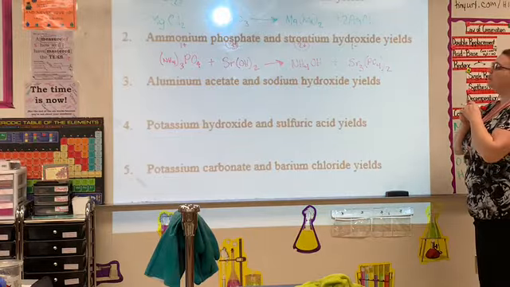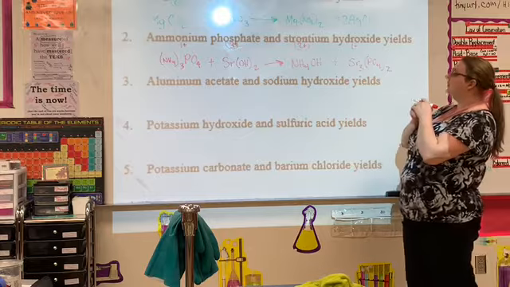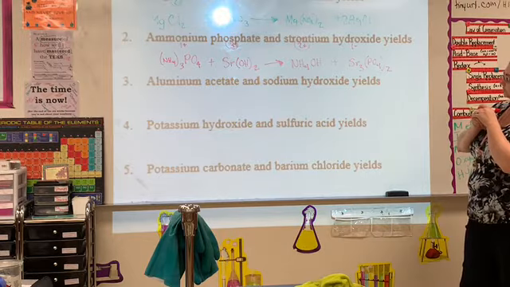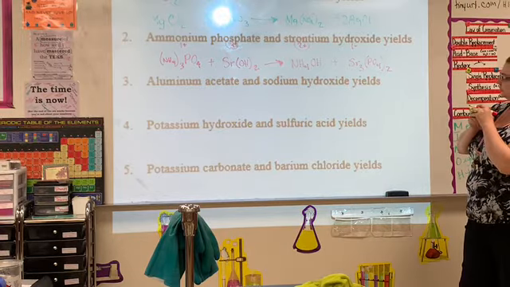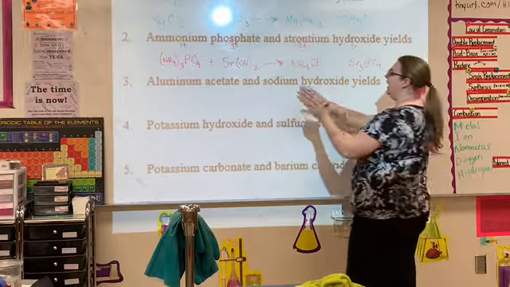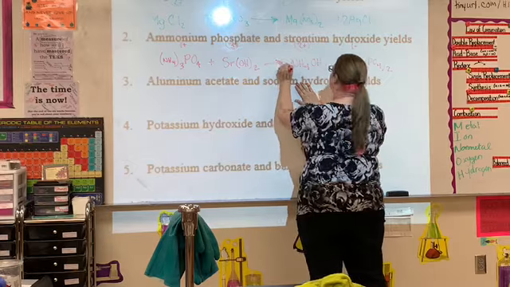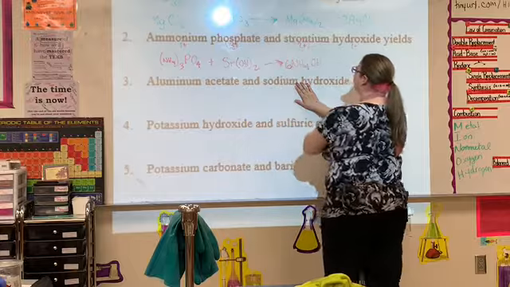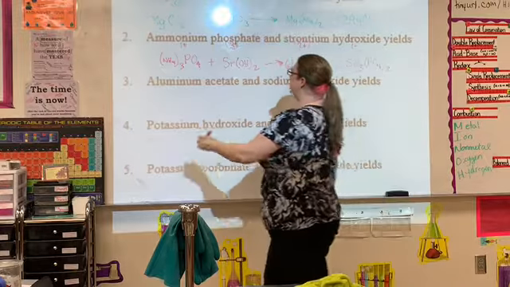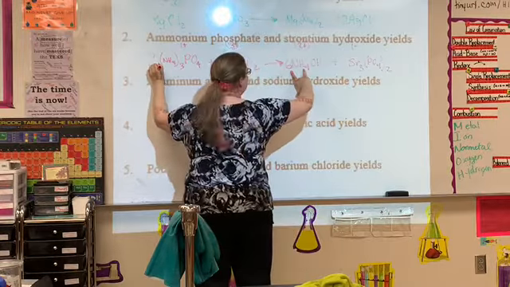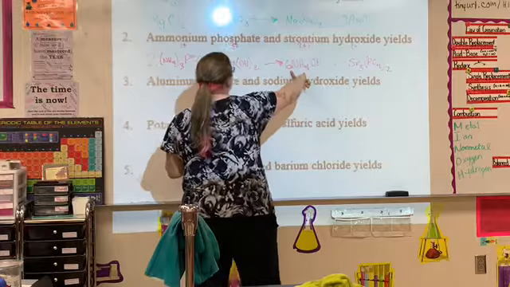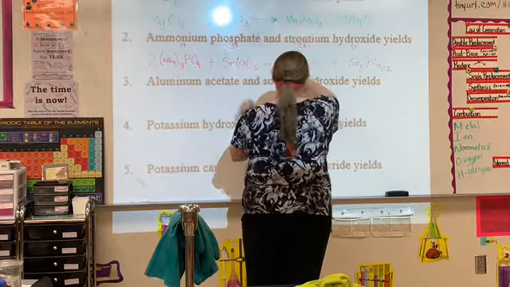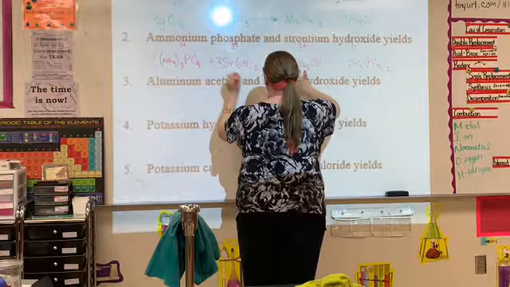Okay? So to balance this, we would need to put a 6 here. So that gives us 6 of these. So we have a 2 here. And then we would have a 3 here.